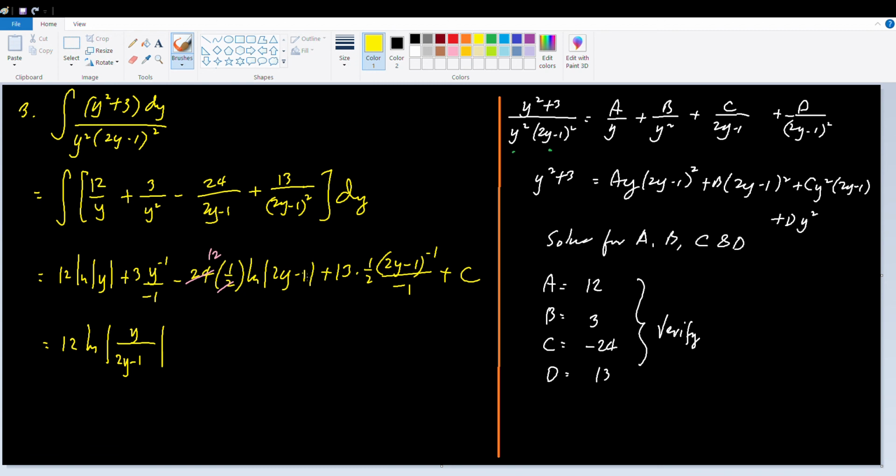Okay, and then what else do we have? Negative 3 over y, and the other one is negative 13 over 2 times 2y minus 1, plus c.